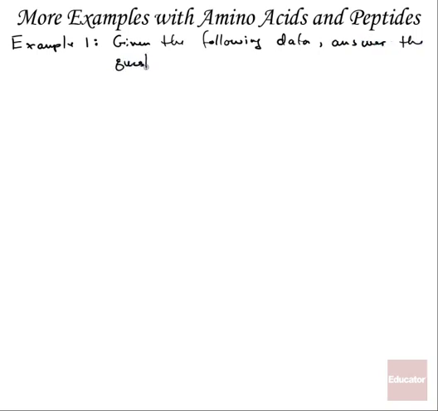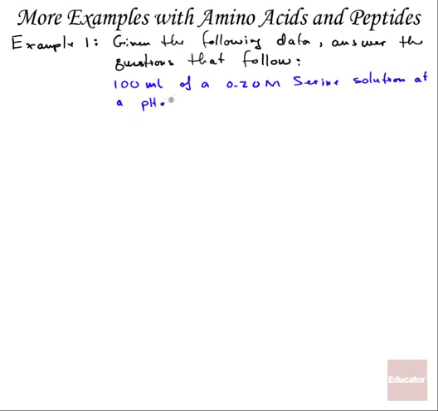Okay, so we have 100 milliliters of a 0.20 molar serine solution at a pH of 1.60 is titrated with, excuse me, a 2.0 molar sodium hydroxide solution. We don't care about the sodium, it's the hydroxide that we're concerned about.